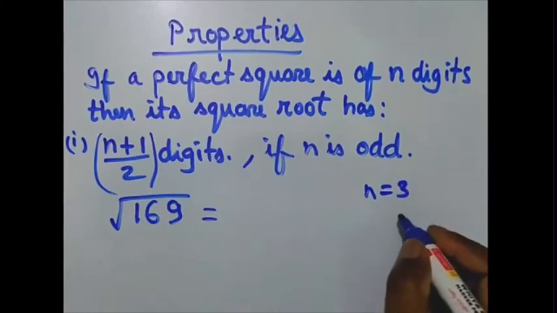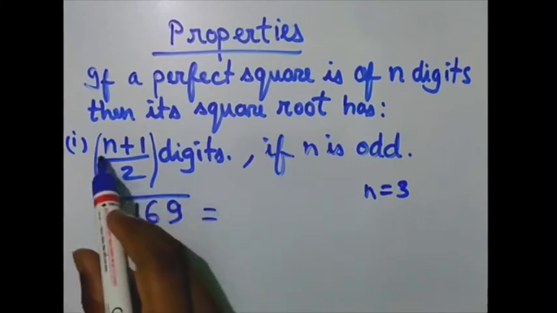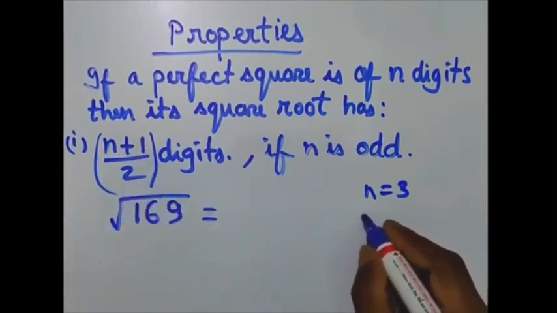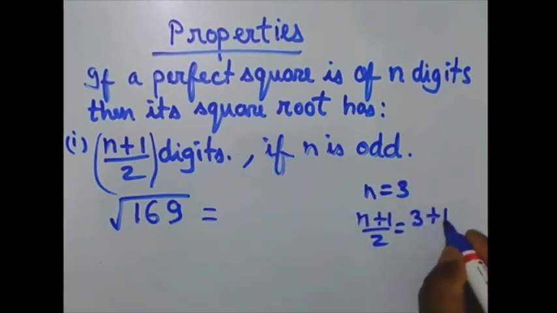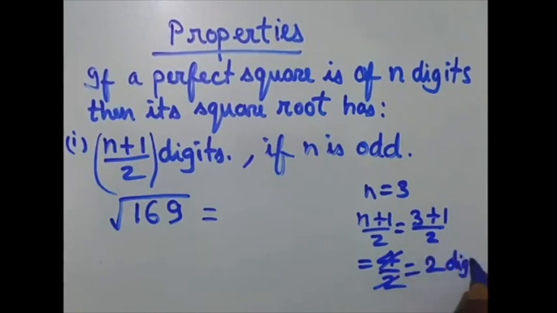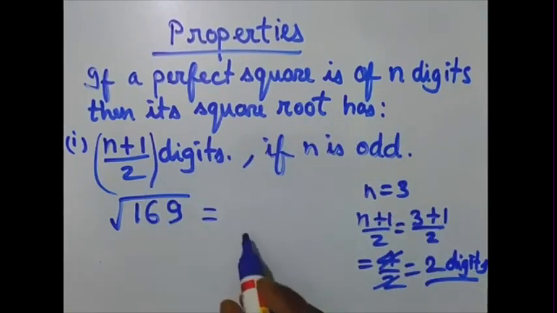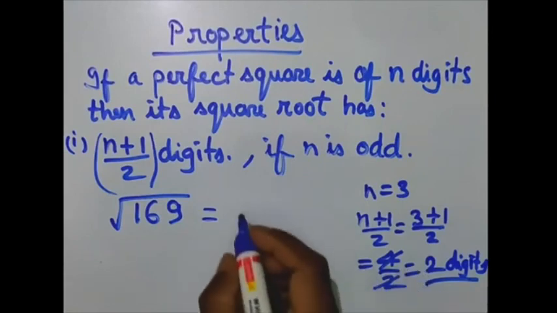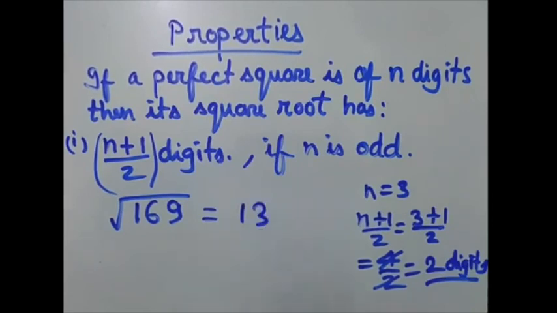So n plus 1 by 2 will be equal to 3 plus 1 by 2, that is 4 by 2, and we'll get 2. So 2 digits. So in this case the resulting square root number will have 2 digits only, and we know square root of 169 is 13, so it has 2 digits.